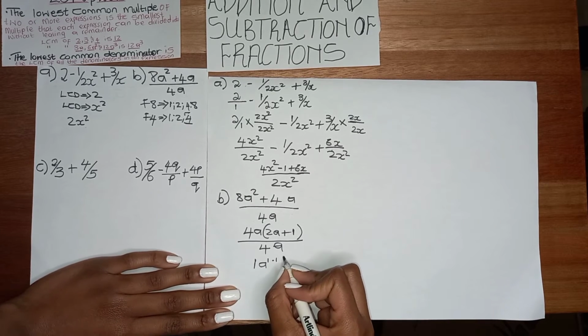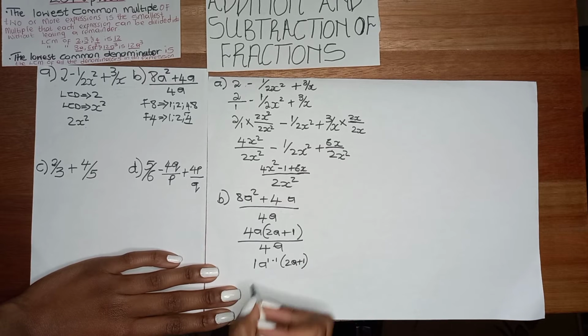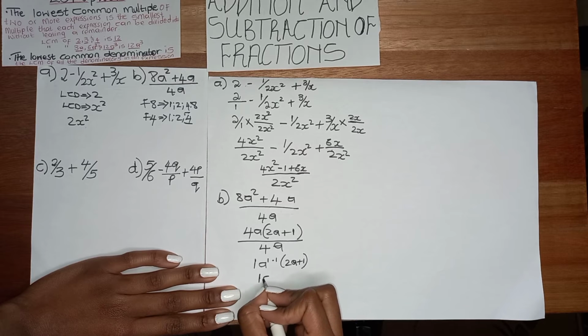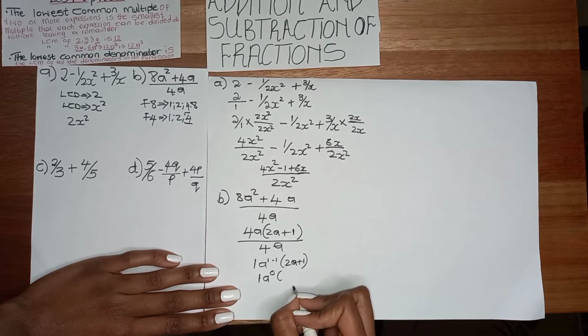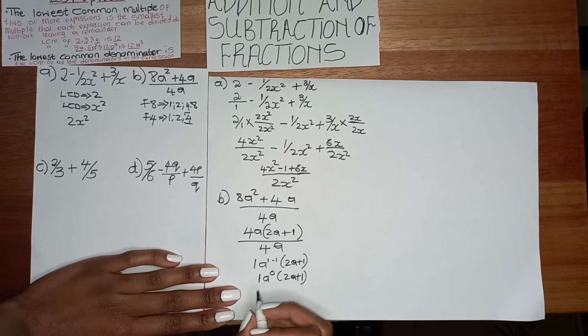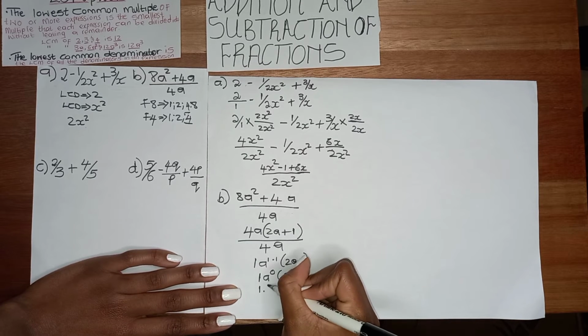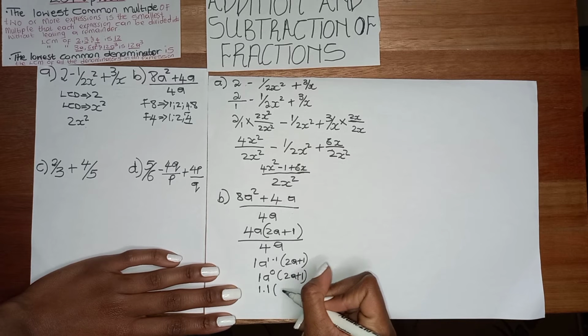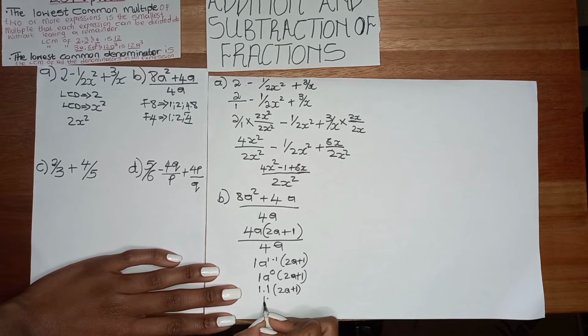Then you write down your bracket, 2a plus 1, close bracket. a to the exponent 1 minus 1 is a to the exponent 0, multiplied by 2a plus 1. And then you know that anything raised to the exponent 0 is 1. Then you open your bracket, 2a plus 1. 1 multiplied by 1 is 1.